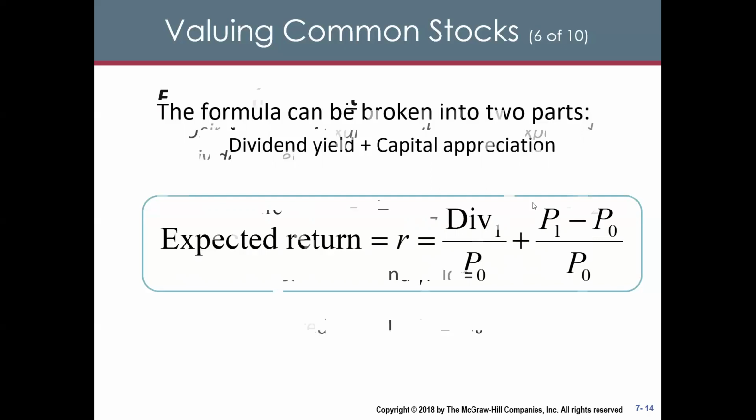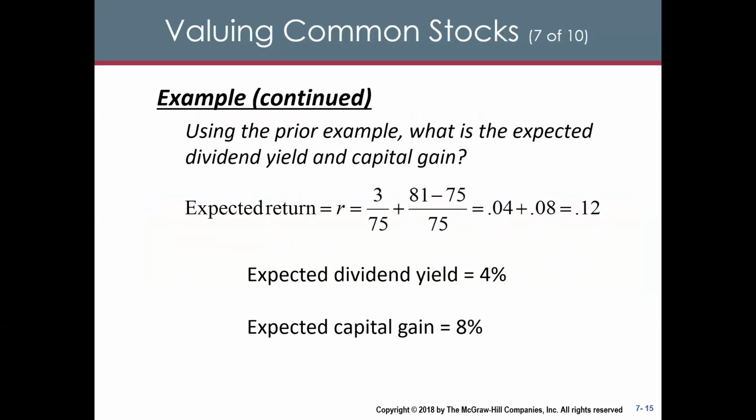Again, going to the numeric example using the previous example. The dividend is $3, so $3 divided by the purchasing price of $75 gives you a 4% dividend yield. And the capital gain is 81 minus 75.